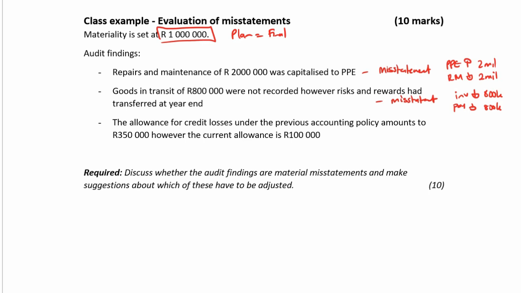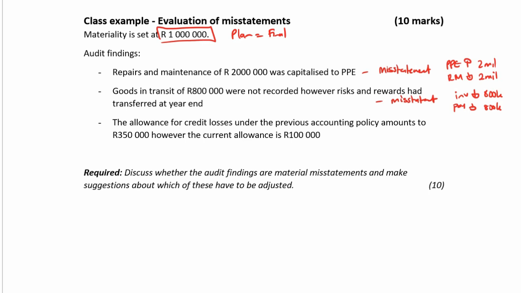And the allowance for credit losses under the previous accounting policy amounts to 350,000. However, the current allowance is 100,000. Now this doesn't mean that there's a misstatement, but all I'm saying is that if they had used the previous policy, the allowance for credit losses would have been 250,000 more than the new policy of 100,000.